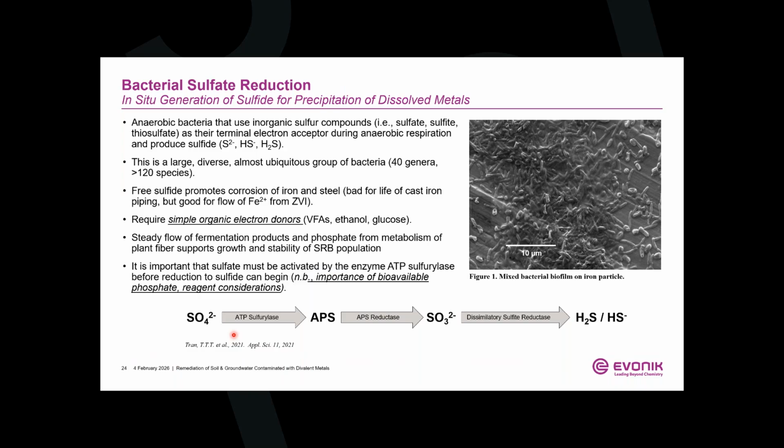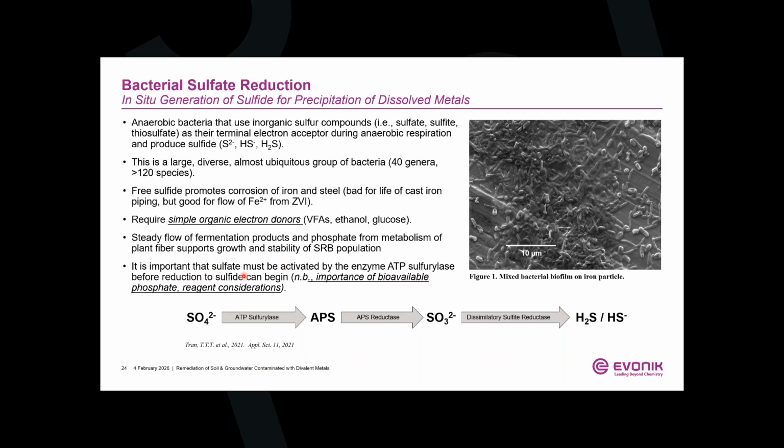And here just a little bit to highlight, so it'll stay in your mind, what I've said a couple of times about the sulfate reducing bacteria. There's no need to inoculate. These bacteria are broadly distributed, something like 40 genera and more than 100 species have been identified. They will reduce sulfate to sulfide under a fairly broad range of reducing conditions and a fairly broad range of pH conditions, so long as you can provide them simple organic substrates like VFAs, alcohols, or glucose, and as long as they have the phosphate that they need.